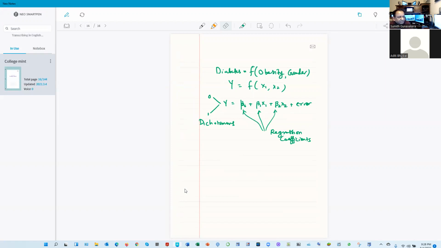There are 3 coefficients here. These are the explanatory variables, or regressor variables.